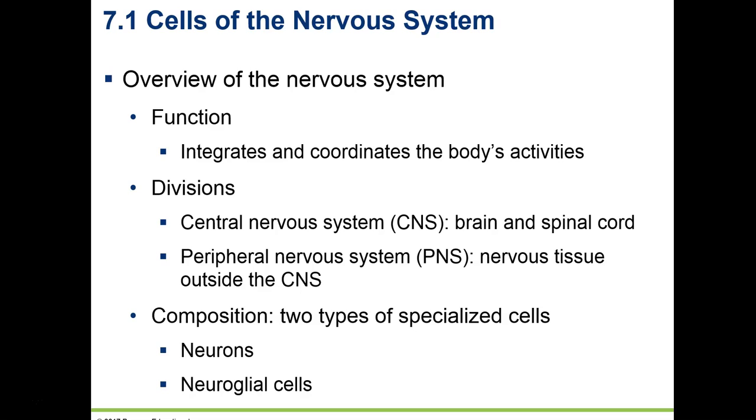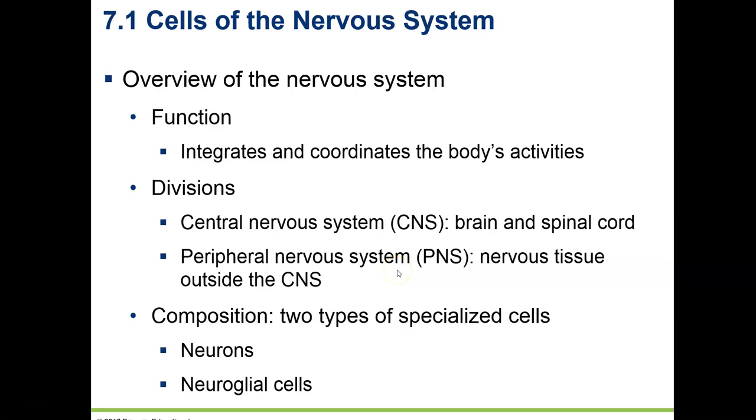Nervous system is divided into central nervous system and peripheral nervous system. Central nervous system includes brain and spinal cord. They are located on the central axis of the body. So that's why they are known as central nervous system.